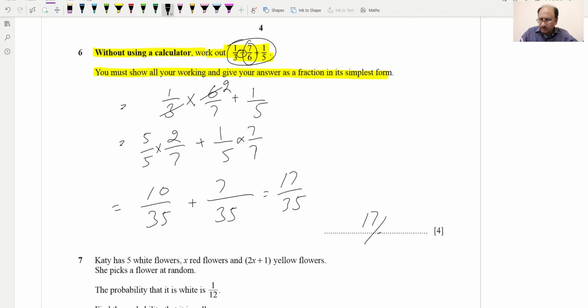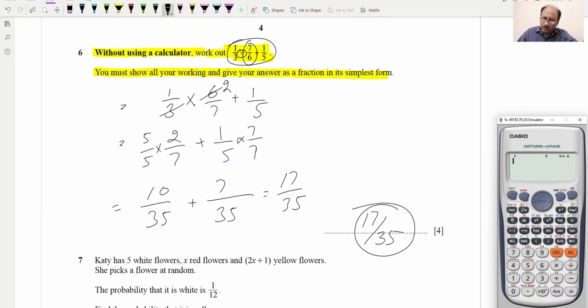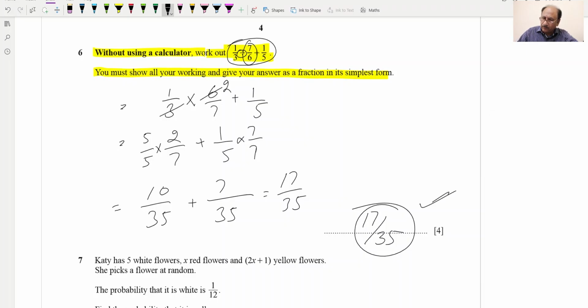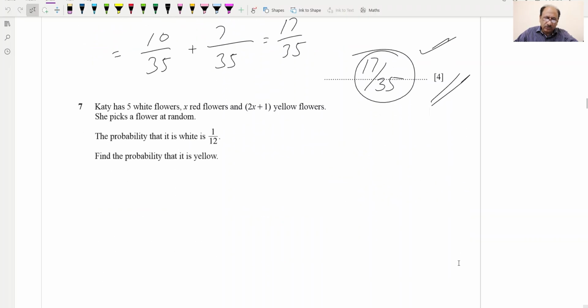And to double check whether it is correct or wrong, we can write this whole fraction in our calculator and check whether it matches with ours, and it is 17 over 35, which is the same as we have done without the use of calculator. So this is a 4 mark question which we are done.